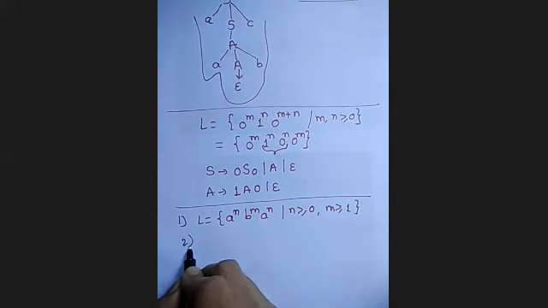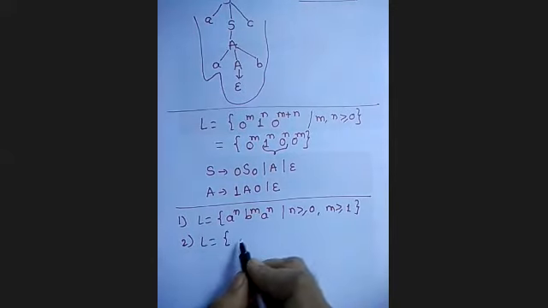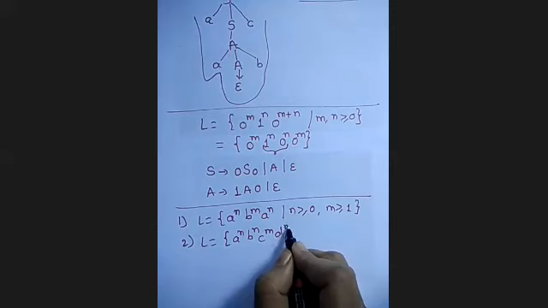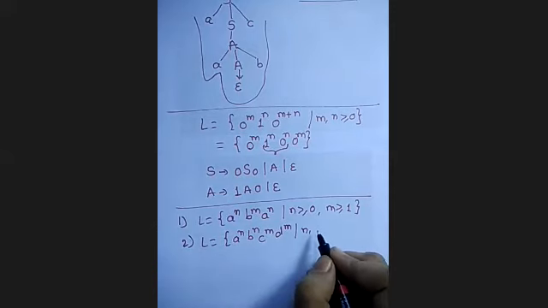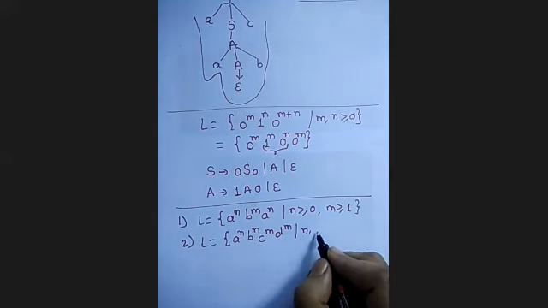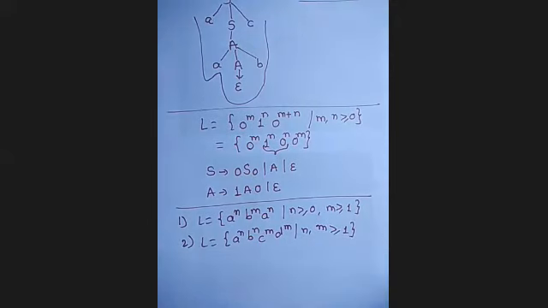The next problem, write down, let L is equal to a to the power n, b to the power n, c to the power m, d to the power m, where n, m is greater than or equal to 1. If you have any query, you can discuss regarding writing this.